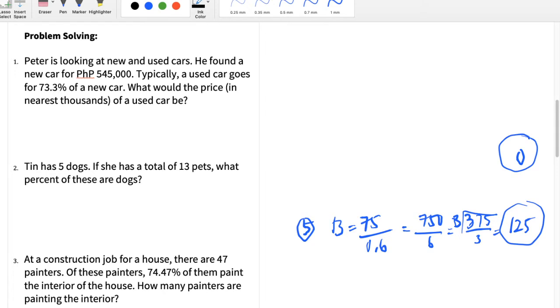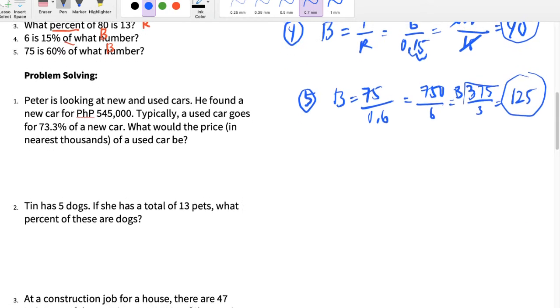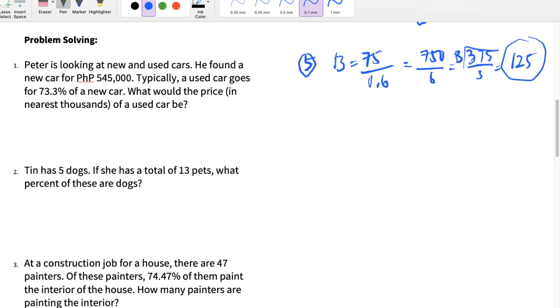So, ang hinahanap natin dito would be percentage, right? Kasi, yung presyo ng used car is a fraction or a part of the price ng bagong car. So, here we will have percentage is equal to base times rate or rate times base. Pareho lang naman yun.